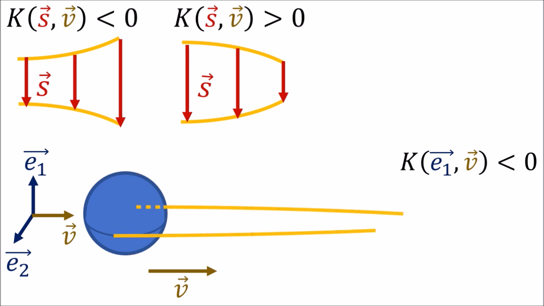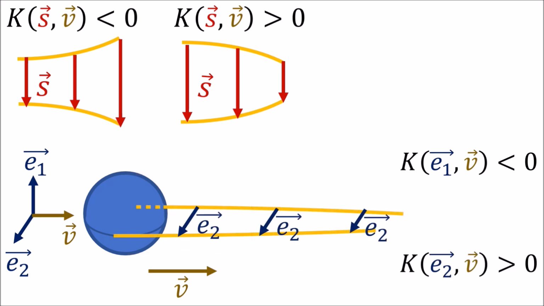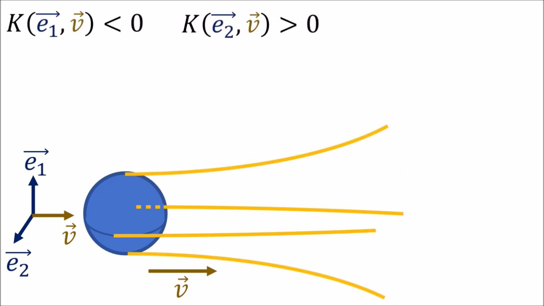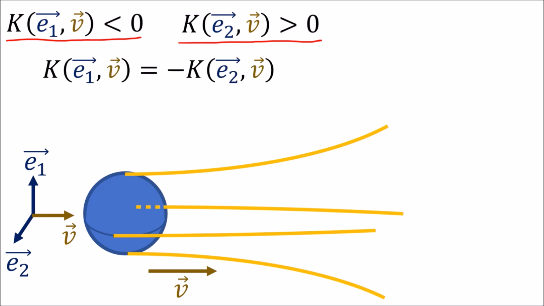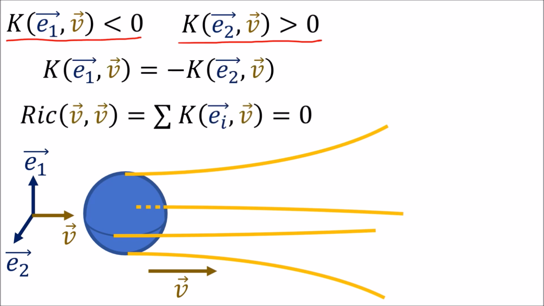But the sectional curvature of V and E2 is positive because the geodesics here are converging together. And it turns out in this case, if we add the negative sectional curvature for E1 with the positive sectional curvature for E2, they end up canceling out perfectly, giving us 0. So this is another situation where the Ricci curvature is 0.